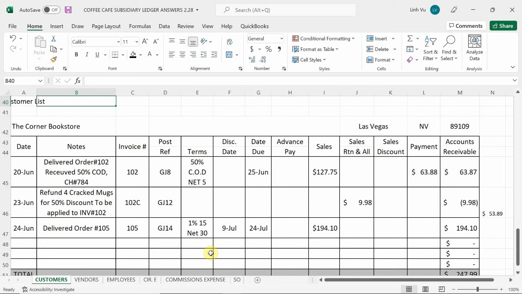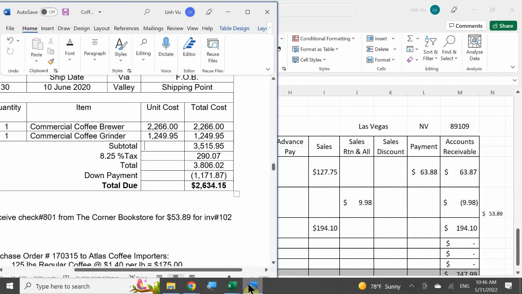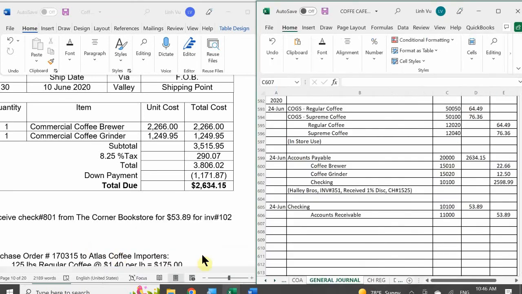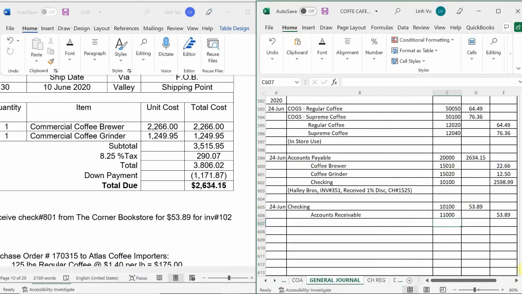So in this case, their new bill is for $53.89. Okay, which is exactly what they sent us, $53.89. Okay, so that means, all right, they did pay for invoice number 102 for the exact amount of $53.89.